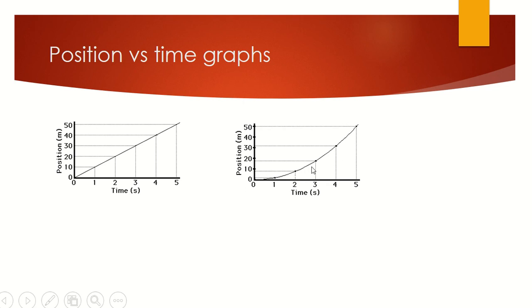So our velocity must be increasing, and if our velocity is increasing for every second, it means that we are accelerating. So this is a position versus time graph of an object that is accelerating with a positive velocity and a positive acceleration. So imagine this is someone building up towards their top speed in a 100-meter dash. It takes a few seconds to build up to that max speed.